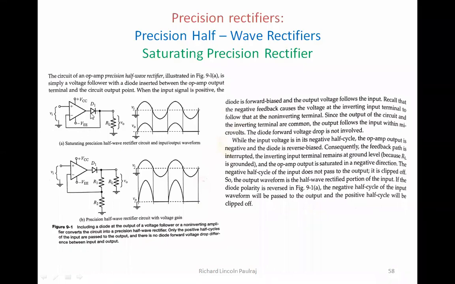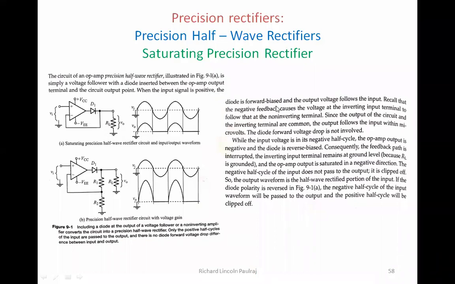We all know that in reverse bias the diode doesn't conduct. Taking that property, we can make sure that the negative part of the waveform is clipped off. Once the op-amp output terminal drives the diode and the signal input is positive, the diode is forward biased.